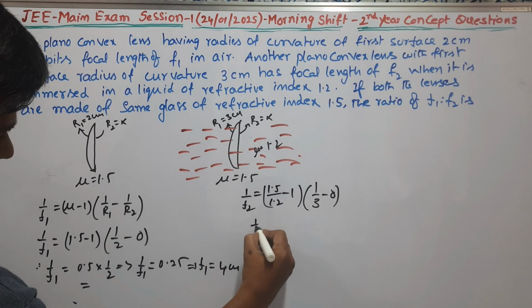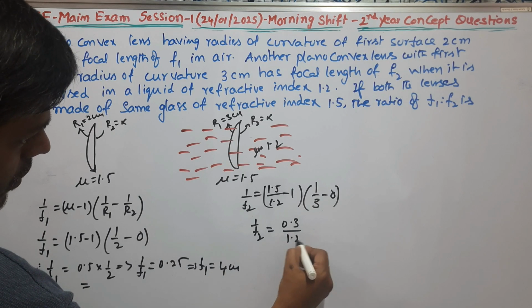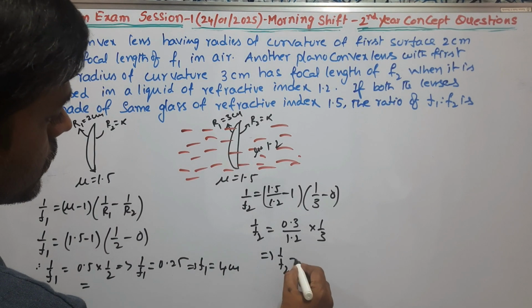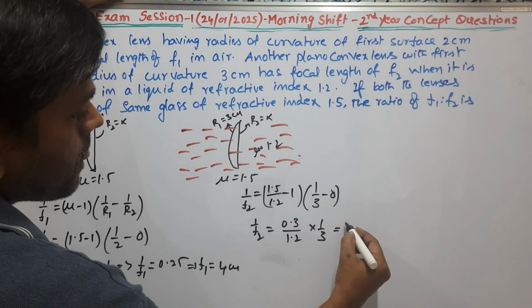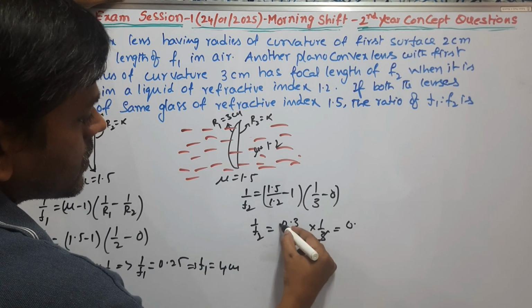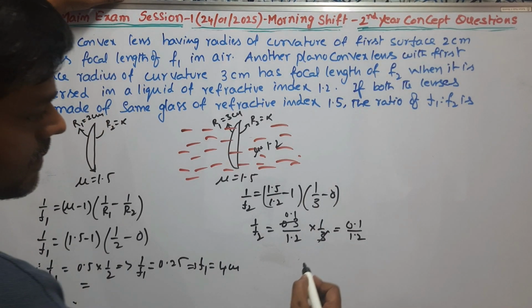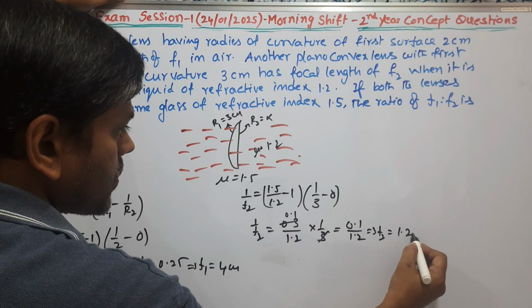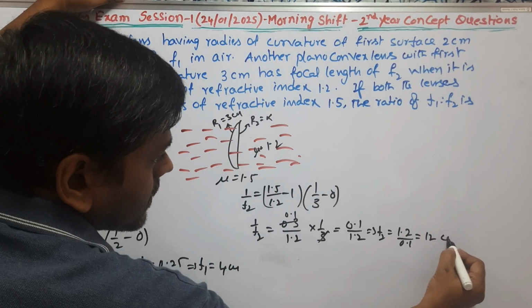So you get 1 by f2 is equal to 0.3 by 1.2 into 1 by 3. That implies 1 by f2 is equal to 0.1 by 1.2, so f2 is equal to 1.2 by 0.1, that means 12 centimeter.